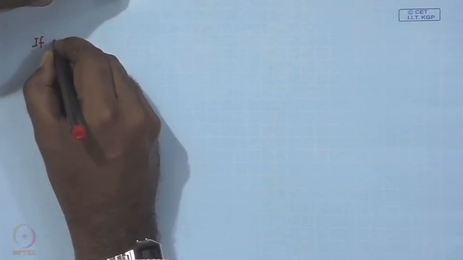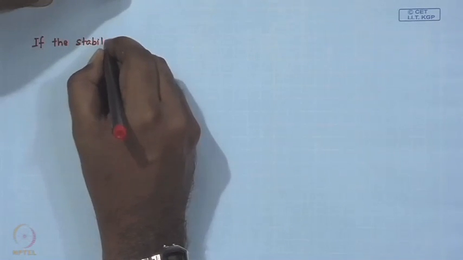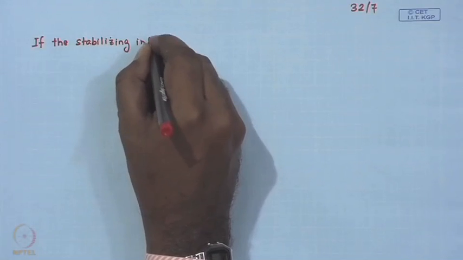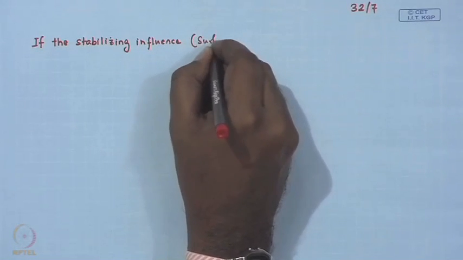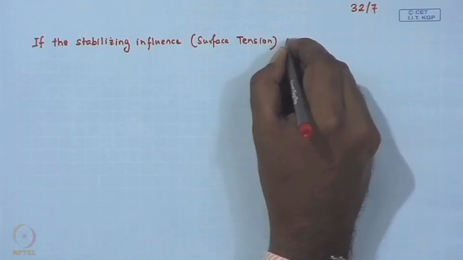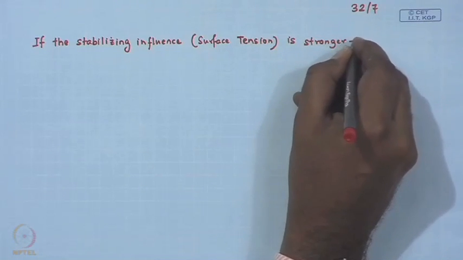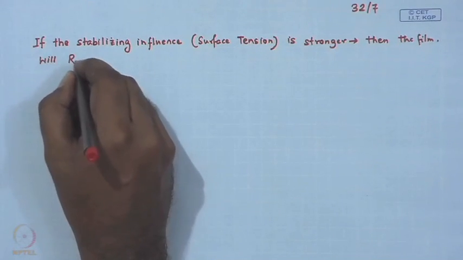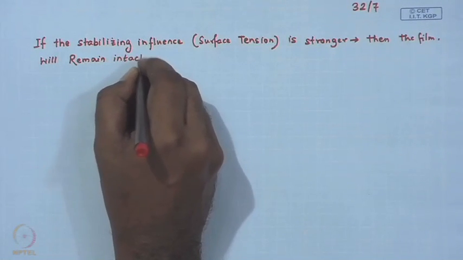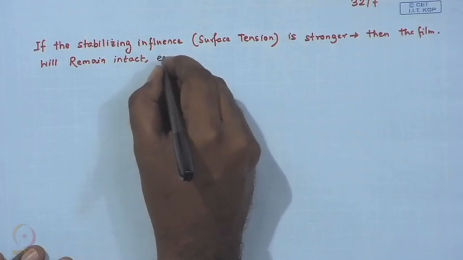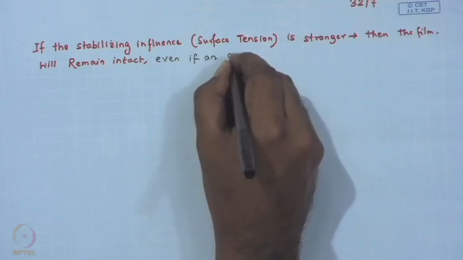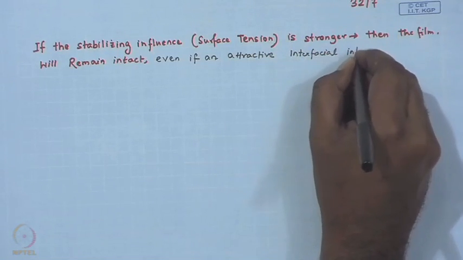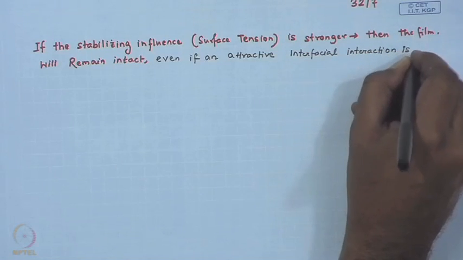So, if the stabilizing influence due to surface tension is stronger, then the film will remain intact even if an attractive interfacial interaction is present.